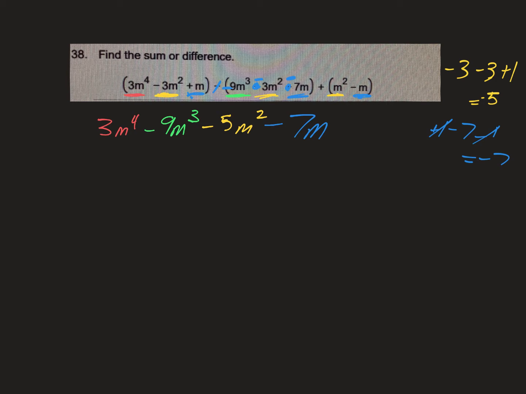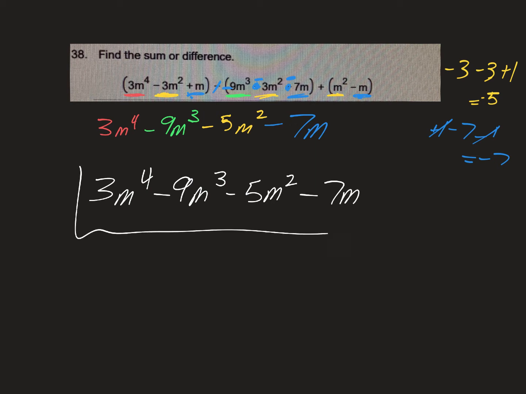So my solution is 3m to the 4th minus 9m cubed minus 5m squared minus 7m. And you can see by checking our exponents as we went, by going in order of the exponent terms, we didn't have to rearrange it to get our final answer in standard form.